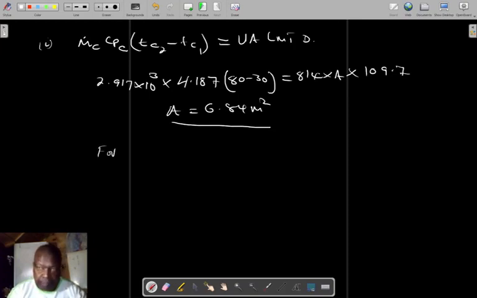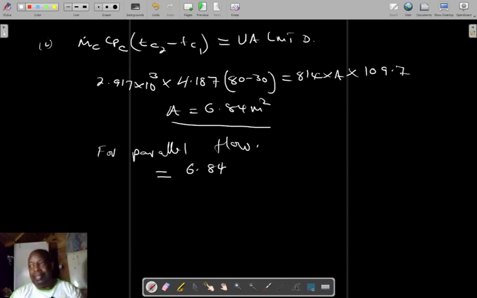For the parallel flow, we can repeat the same procedure, but you concur with me that it will be equal to 6.84 because nothing else is changing other than the LMTD.